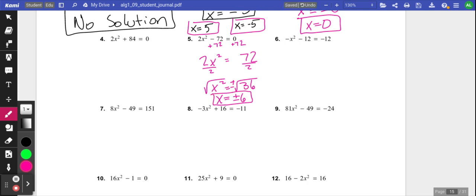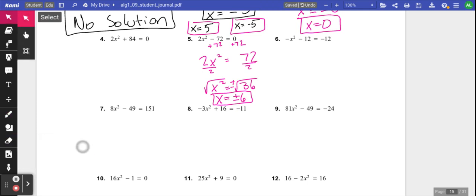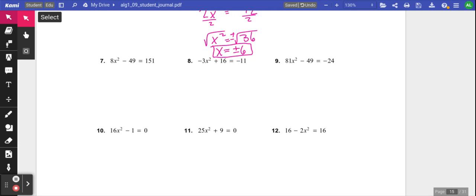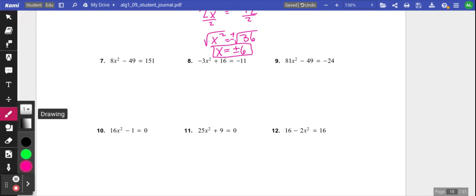I'm going to do 4 more. I've got number 7. Again, just a little bit more. I'm going to add this 49 to each side. I get 8x squared equal to 200. I want to divide out that 8.